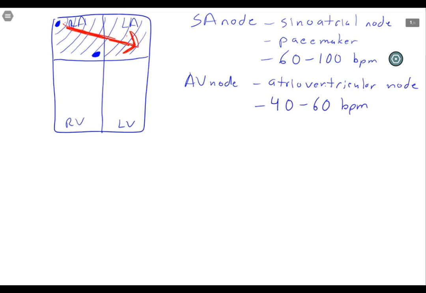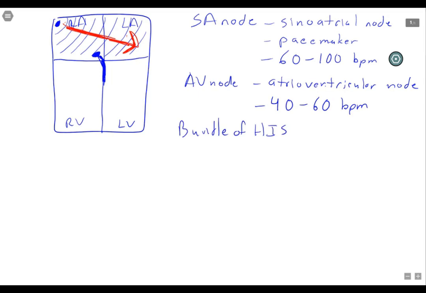But normally, the AV node would collect the electrical activity, and then it's going to pass it to the ventricles. The way in which it does this is first, it goes into a set of conduction wires that we call the bundle of His.